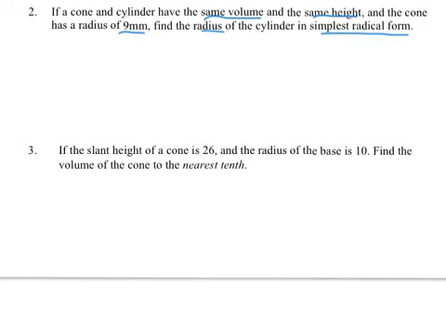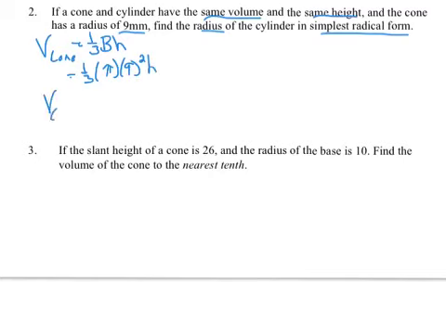So the volume of a cone is 1/3 the base area times the height. I don't have the height, but I'm going to start working through this problem using what I do have. So this is going to be 1/3 the base area. I only have one dimension, and it's a radius of 9 millimeters, so that's pi times 9 squared times the height.